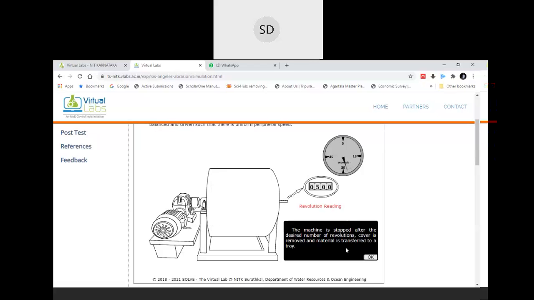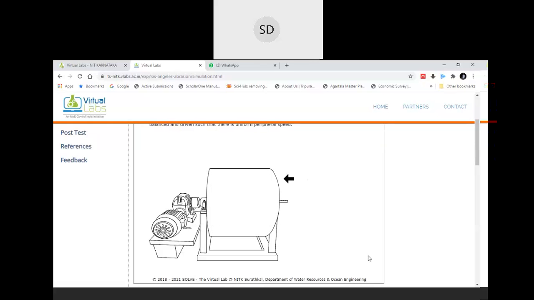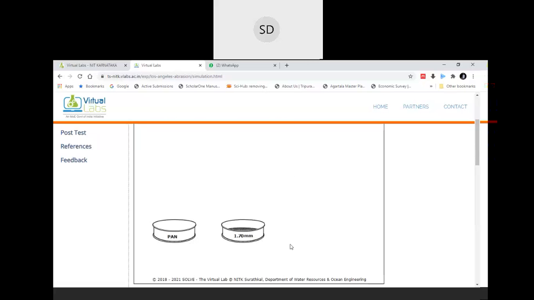After the 500 revolutions, the machine will stop. In the bottom there would be one container where you will collect all this material along with the abrasive charges. Then you have to sieve this through 1.7 mm IS sieve.